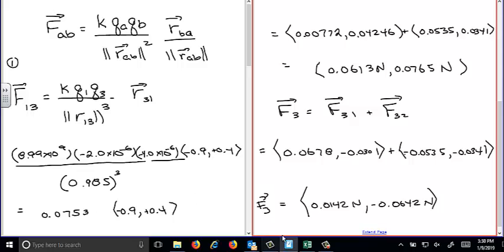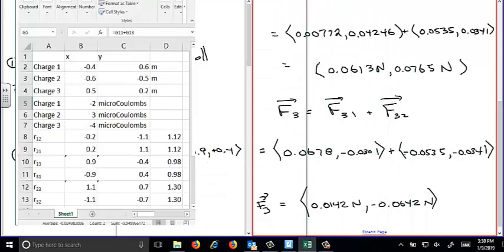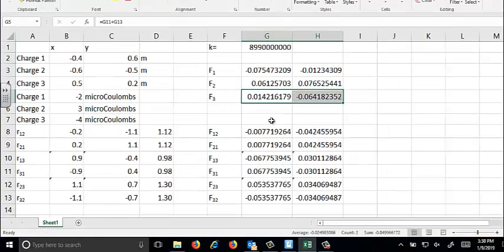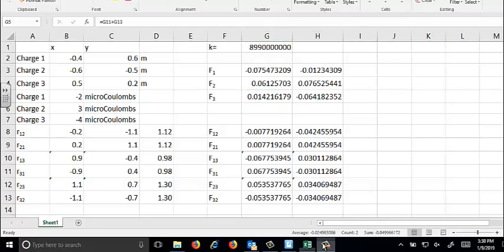And I'm just going to show you the spreadsheet just for your interest here. So I'm going to have to pull this over into the view. Make sure this thing is highlighting the little corners. Just want to make sure you're seeing this. So what I've done is I've set it up so I input the x and y coordinates of the charges in meters.